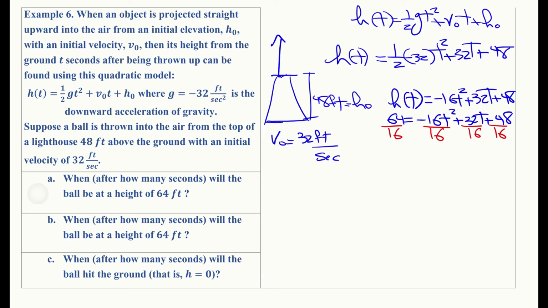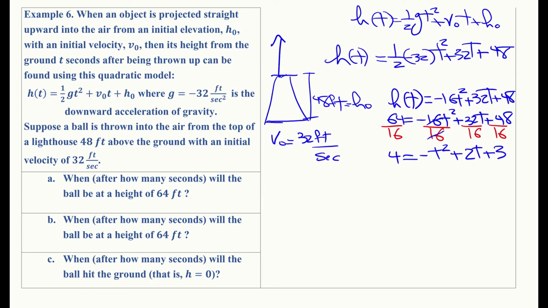So we might as well just write 16 under each term, right? So we end up with 64 divided by 16 is 4 equals -t squared, because these cancel out, plus 32 over 16 is 2t plus 3, right?